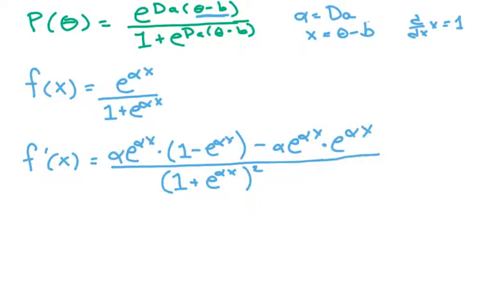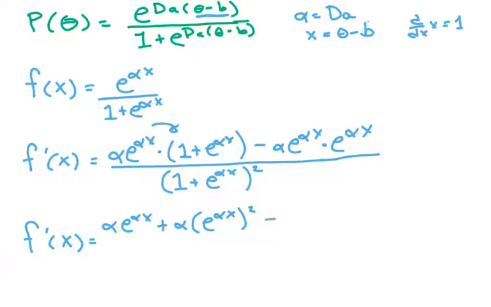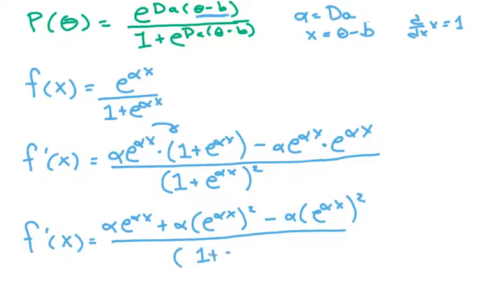Now we just see how this works out. I will multiply this out. I get alpha e to the alpha x minus alpha times e to the alpha x squared. This is a plus, my bad, plus minus alpha times e to the alpha x squared, all over 1 plus e to the alpha x squared.